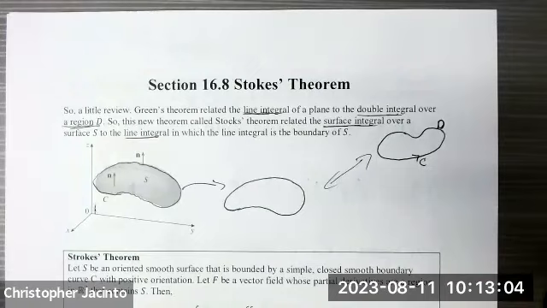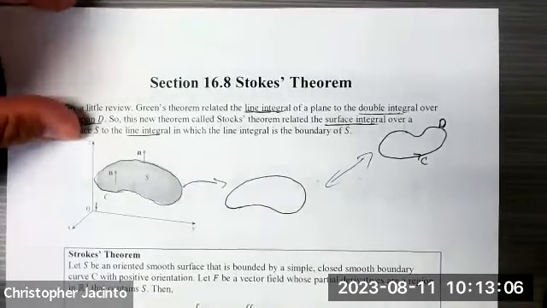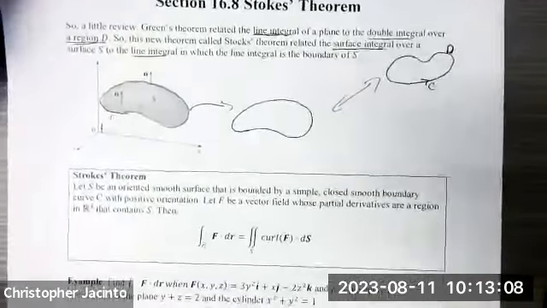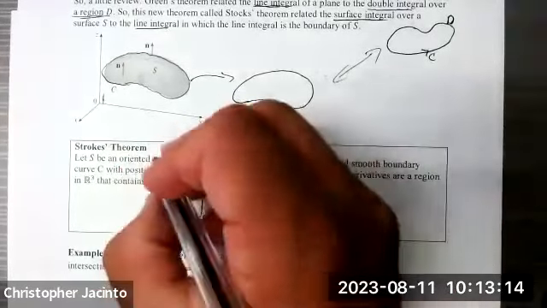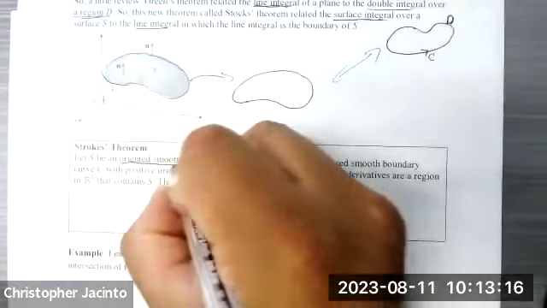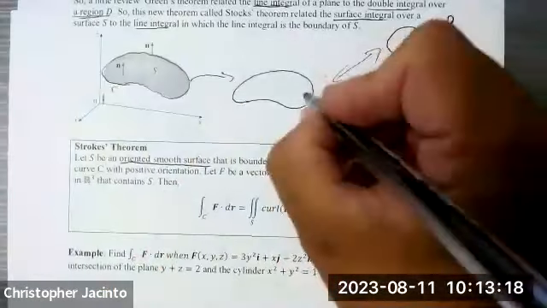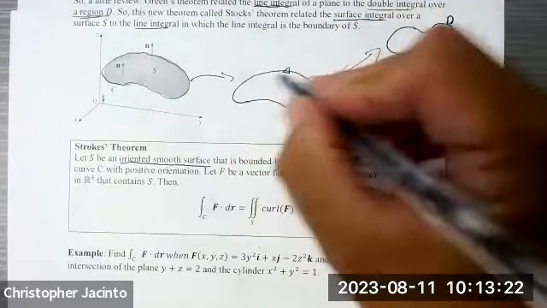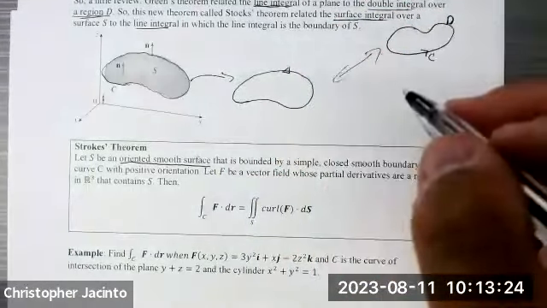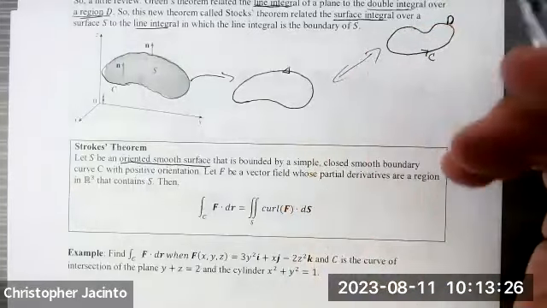Okay? Now, what Stokes' theorem was actually able to do was even more of that. He was able to say, if S is an oriented, let me talk about oriented. An oriented smooth curve basically means it has an orientation. You know what that means, right? It goes in one direction along this curve, and it's smooth, meaning it's an actual closed portion.